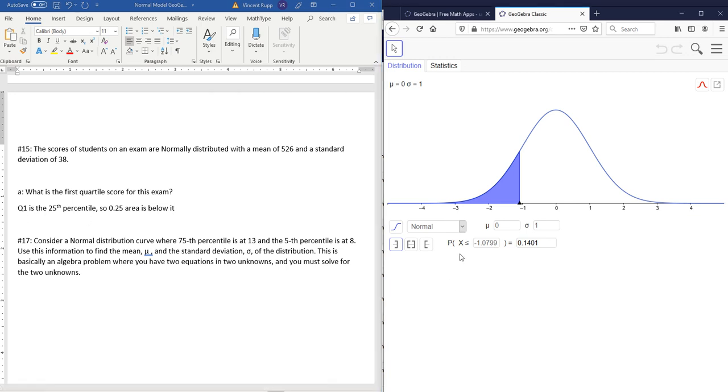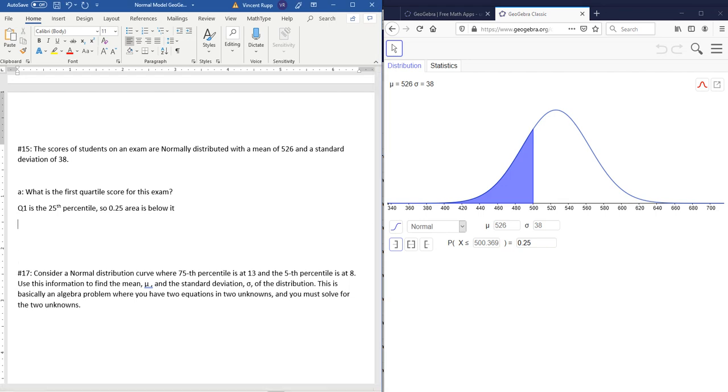So with that in mind, you have a mean of 526 and a standard deviation of 38. So you want the lower tail area that has area 0.25 below it, and you get 500.369 right here. The score is 500.369. Now watch the wording, because sometimes WebWorK wants you to round to the nearest whole number or something.